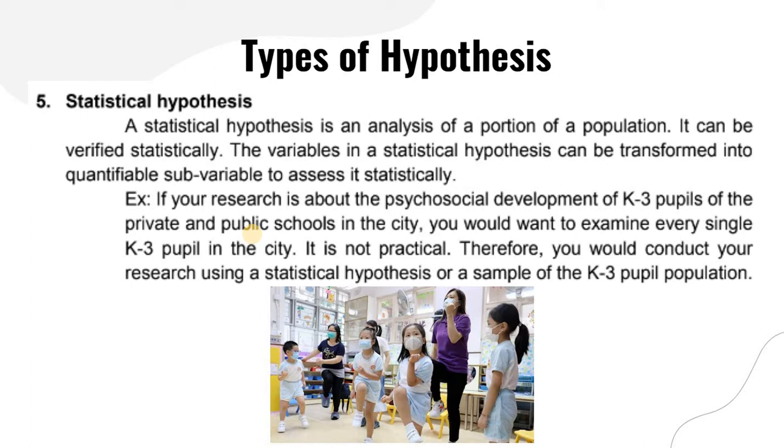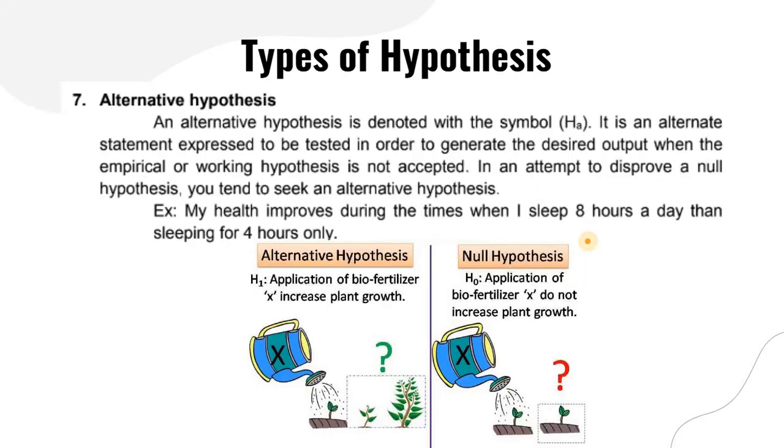So, types of hypothesis, alternative hypothesis. An alternative hypothesis is a hypothesis denoted with the symbol H sub 1. Ang kabaliktaran nito is yung number 6 na wala lang dito sa slide ko, which is null hypothesis. But I will discuss it in detail.